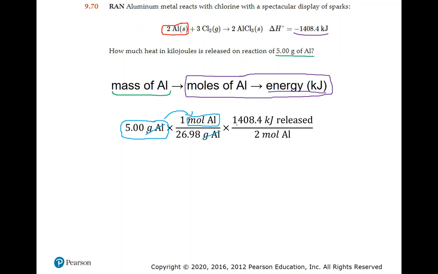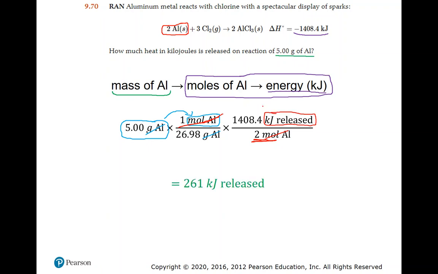So that enthalpy change, 1,408.4 kilojoules released, because it's negative, corresponds to the reaction of 2 moles of aluminum and not just 1. And again, that comes out of the balanced chemical equation. So by multiplying these together, we can now cancel moles of aluminum, and that'll give us kilojoules of energy released.